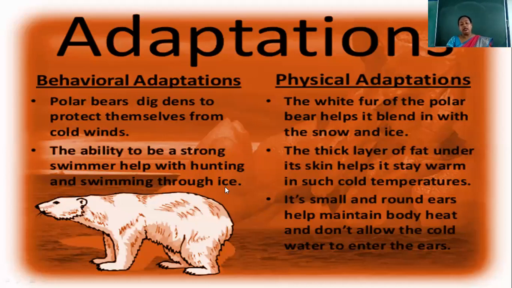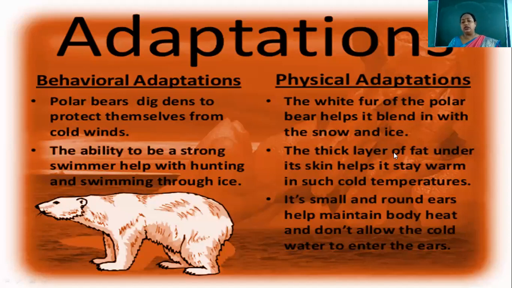Hunting means getting its food, getting the prey, and it also helps the bear swim through the ice. Then, when talking about the physical adaptation, you can see that the polar bear has white fur. This helps the bear blend its body with the white snow and ice.